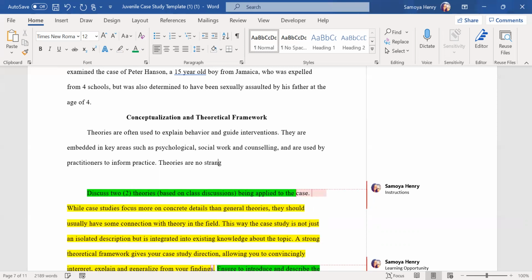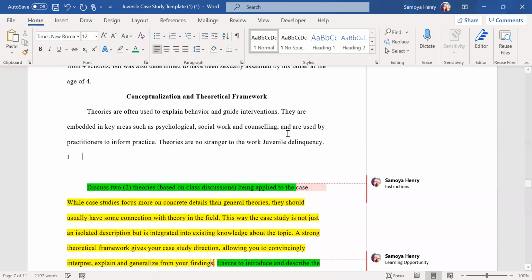Theories are no stranger to the world of juvenile delinquency. In fact, there are quite a few theories that explain criminal activities and crime causation.